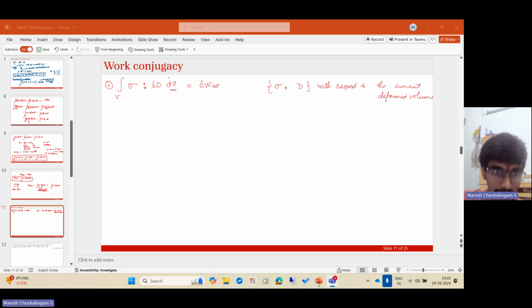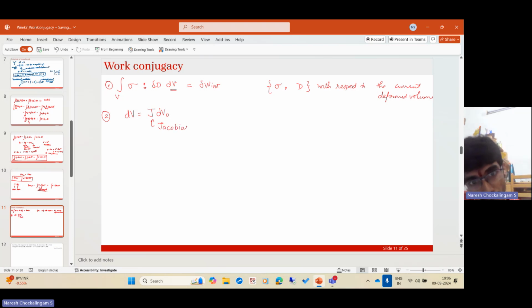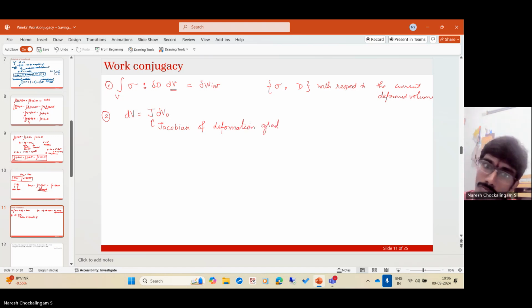But if we want to cast this with respect to the original volume, we can also make this transformation. We saw in kinematics that the volumes transform as dV is equal to J dV naught, where J is the Jacobian or the third invariant of the deformation gradient, the determinant of F. Putting this transformation into this equation, we get the integral over V naught dV naught.